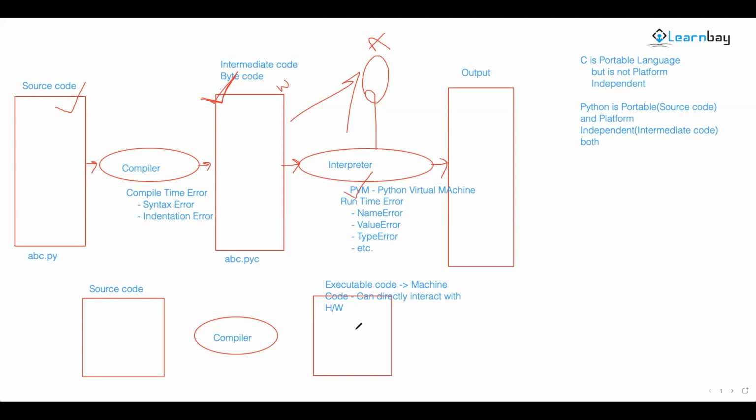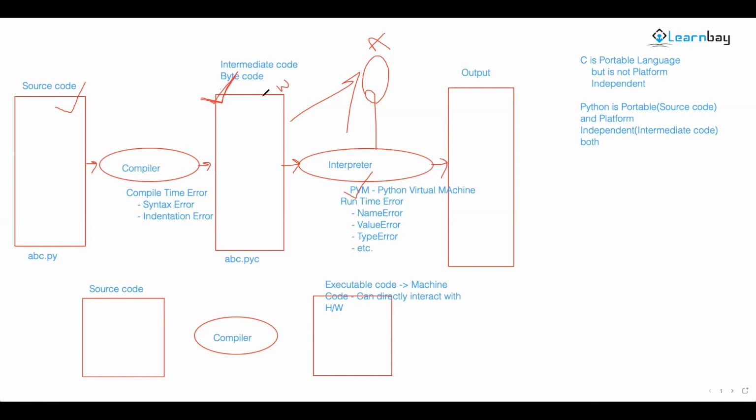So this executable code, generated after compiling the source code, will be running only on those hardware components. It will not run on another set of hardware components. So basically, this executable code is directly interacting with your computer's hardware. So if we run it on a different machine, it would not work, correct? No, the executable code will not work.